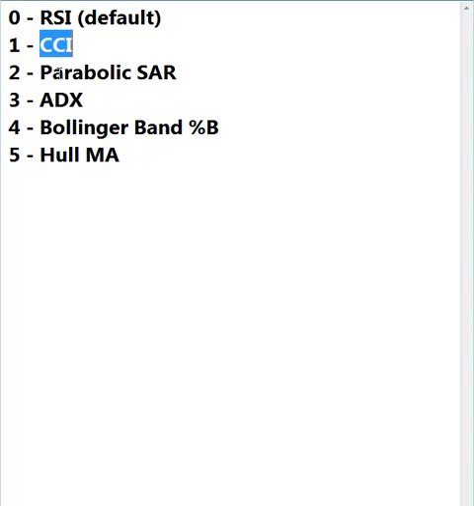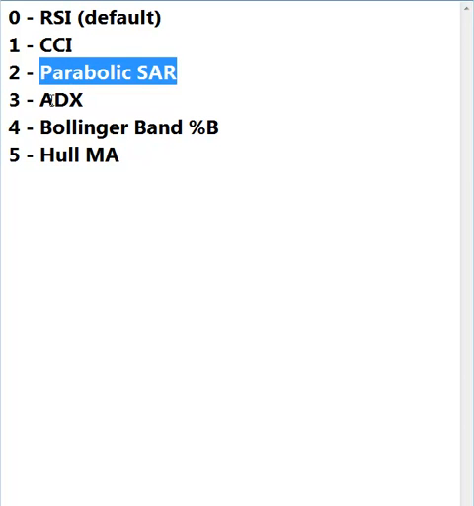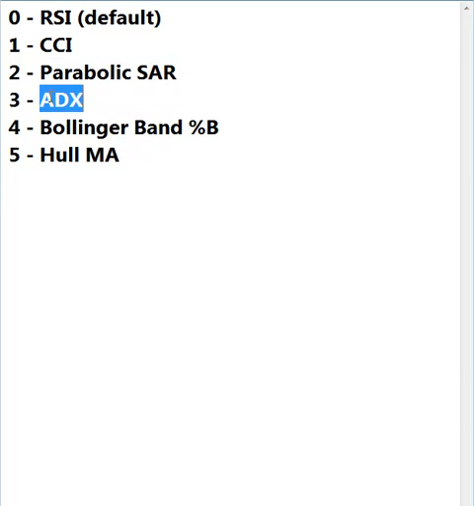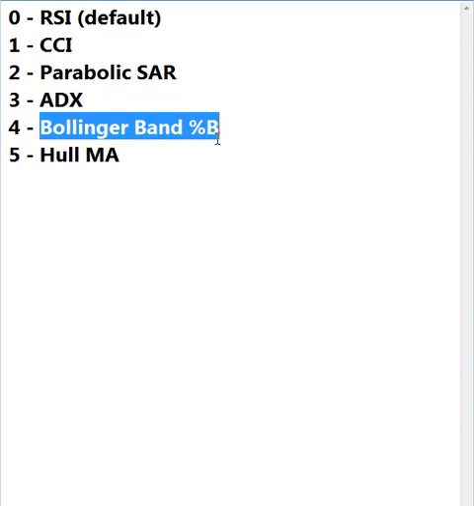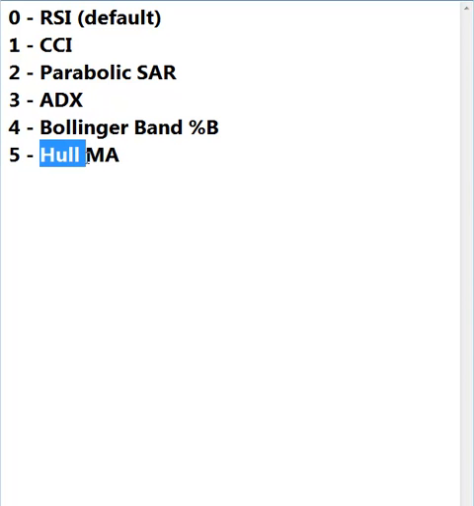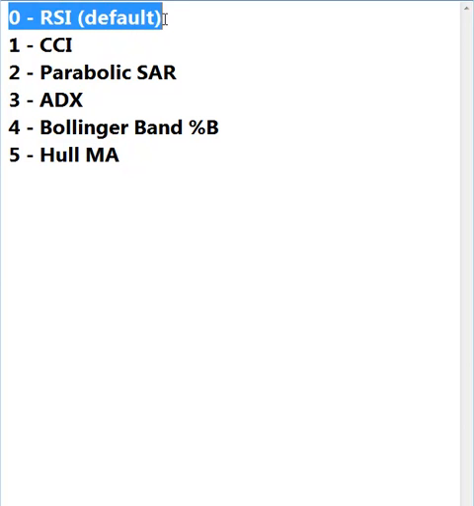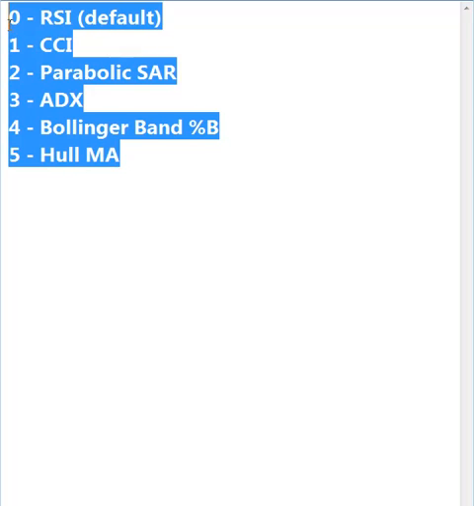Then you can choose the CCI as a trend indicator, the parabolic SAR, the ADX, the Bollinger Band %B, or a Hull moving average as trend indicators. As I told you, by default, and my preferred one, is the RSI, but you can choose from those 6 indicators.